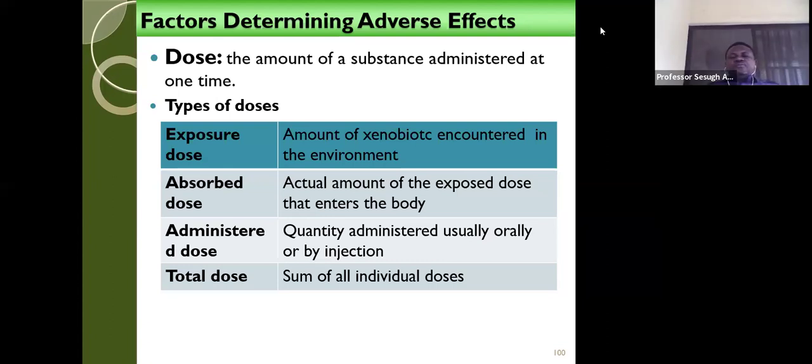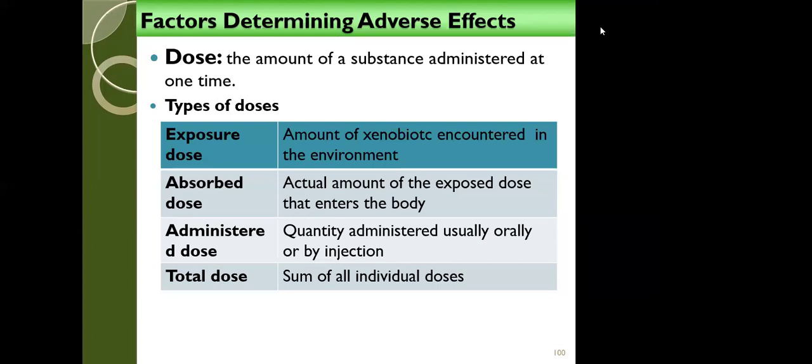So let's come down to absorbed dose. The absorbed dose is the actual amount of the exposed dose that enters the body. Relating this to the environment is still the same thing. Those devices will tell you the total amount in figures. If it is the human body, maybe the doctors can say that better, because they will tell you the amount of toxication or intake that the patient has, if they have a device to do that.